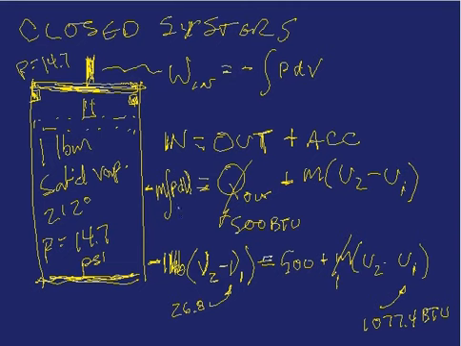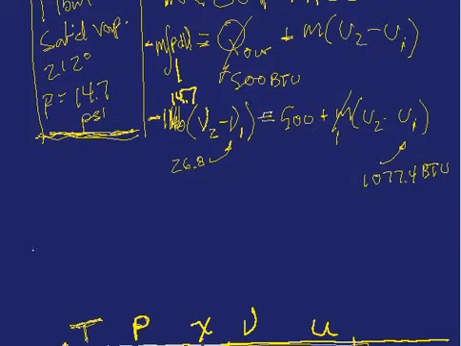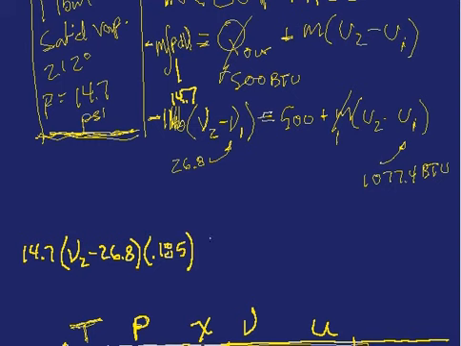Actually, what I'm missing here is P. P is 14.7 psi. So if we move down a little bit, we'll copy this down. We have 14.7 times V2 minus 26.8. Now I'm going to have to multiply that. Recall that's going to be psi feet cubed, and this is times our 1 pound mass. So this will be psi feet cubed times 0.185 BTUs per psi feet cubed is equal to 500 plus m times U2 minus 1077.4.